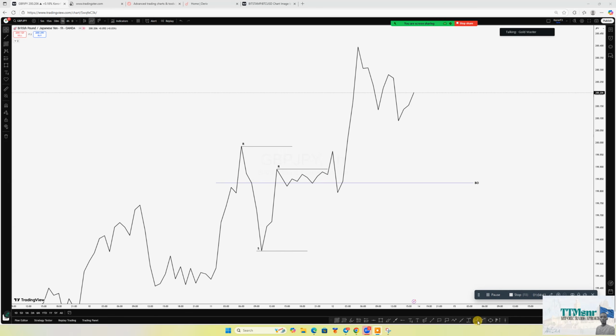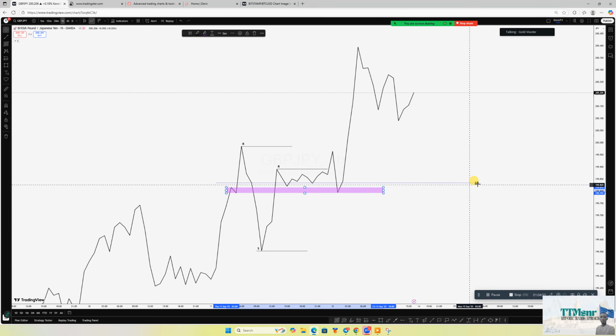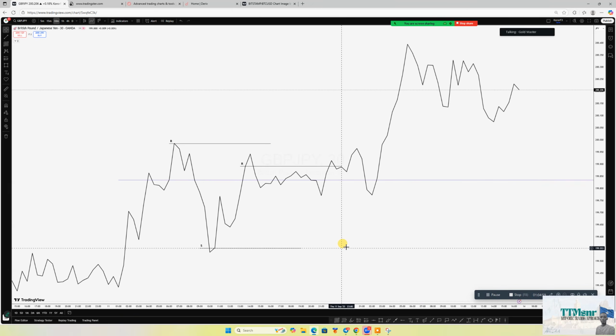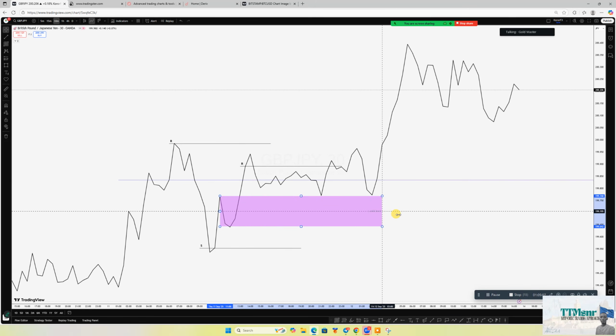If I make this a zone, it will be close to the breakout, right? So this is not very clear. I have to go one time frame lower and look for a clear zone. For example, I can see there is a clear zone right here. If the zone is very big like this, you can find another zone inside if you go lower time frame.